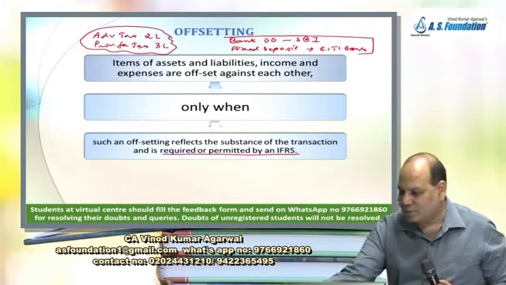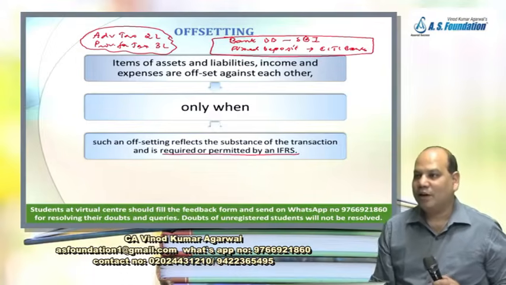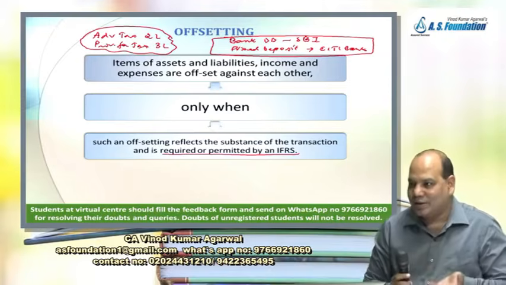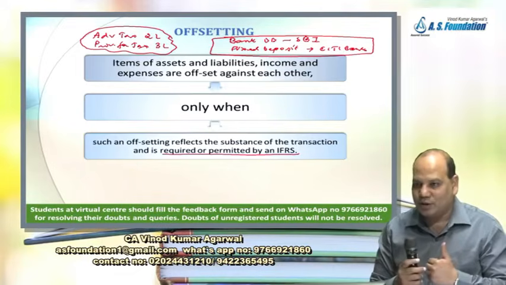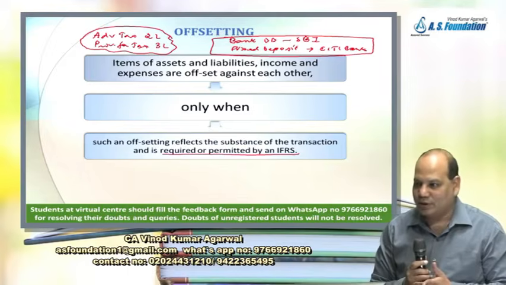Can I write the net amount in the balance sheet? Bank overdraft is a liability towards a bank. Fixed deposit is an asset which we have with a bank. Can I write the net amount? No. You can't do the netting off here, even though both are related to a bank item. Okay.